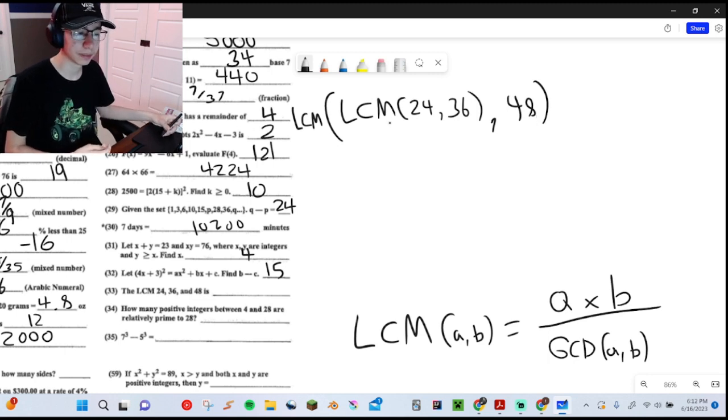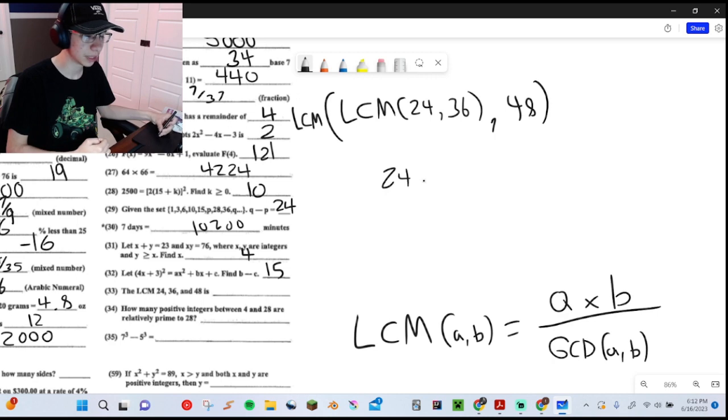What's the LCM of 24 and 36? Their greatest common divisor, just looking at it, is 12. Their difference was 12. I checked if it was a divisor, and it was, so it's got to be the GCD.